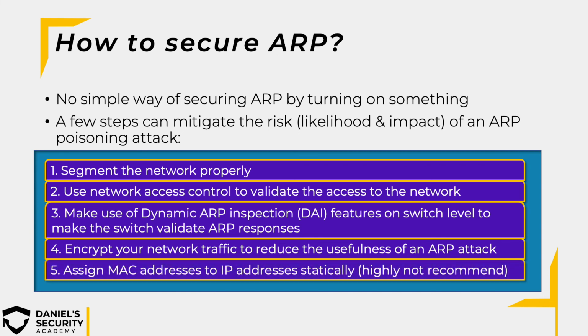And lastly, it's a step which I highly do not recommend doing, but I still want to mention it. You can have static ARP tables, so assign MAC addresses statically to IP addresses. This might help if you have very important systems where you want to make sure that your packets are definitely going to this system and not anyone else.